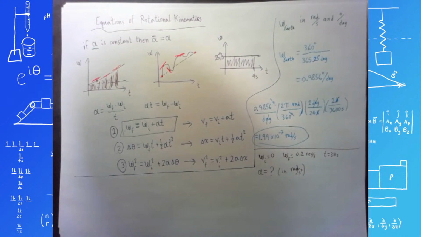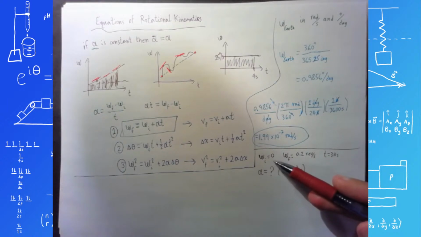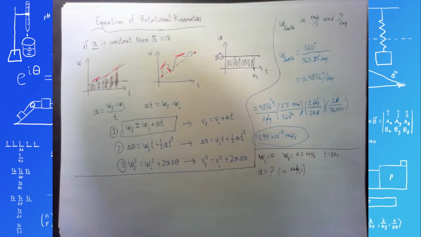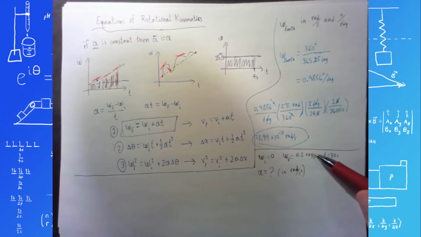Okay, well, time is already in seconds, so we're good there. Omega initial is 0, so it'll be 0 in any units, so we don't have to convert omega initial, thankfully, but we do have to convert this from revolutions to radians. We don't need to convert the seconds, but we do need to convert the revolutions.